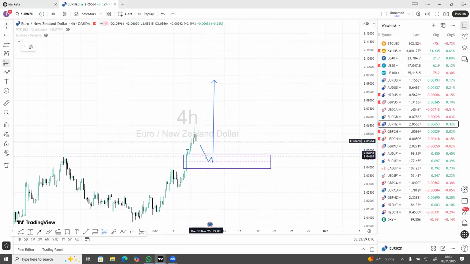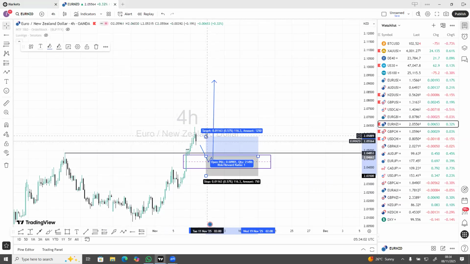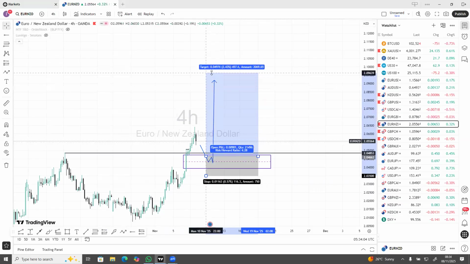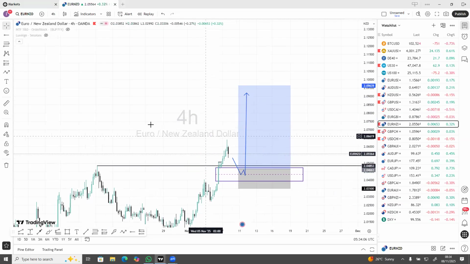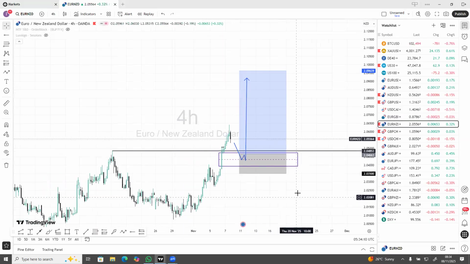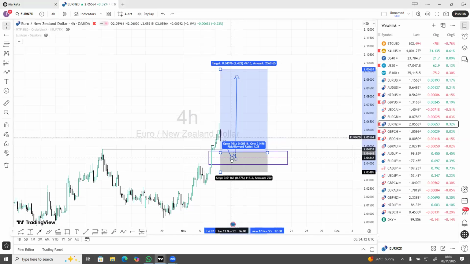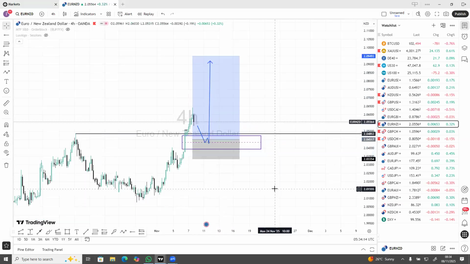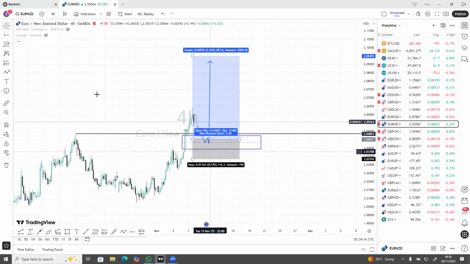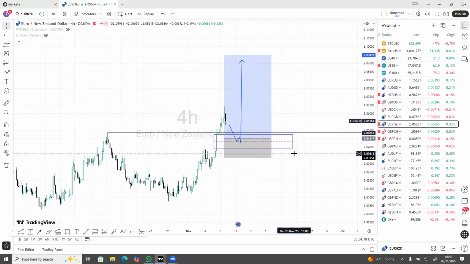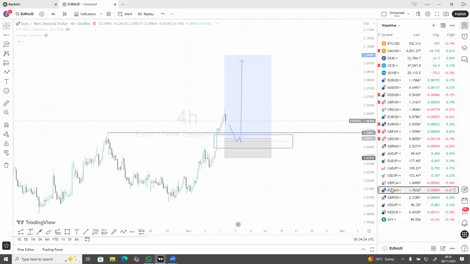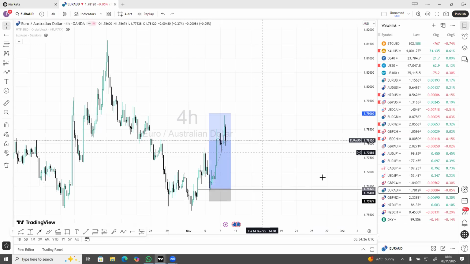Let us target 1:4 risk to reward on EUR/NZD, after mitigation of that imbalance.